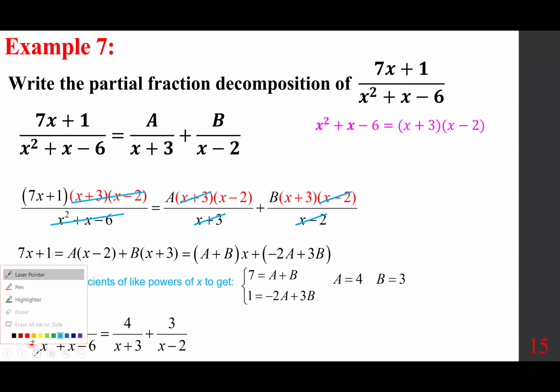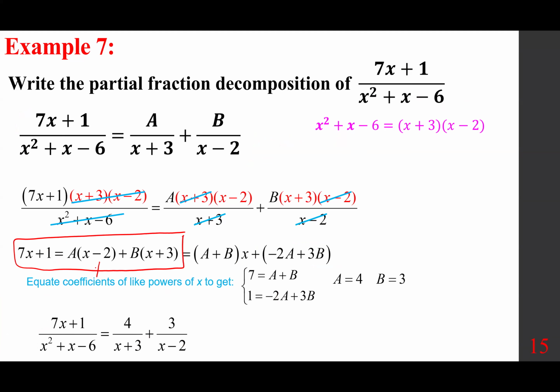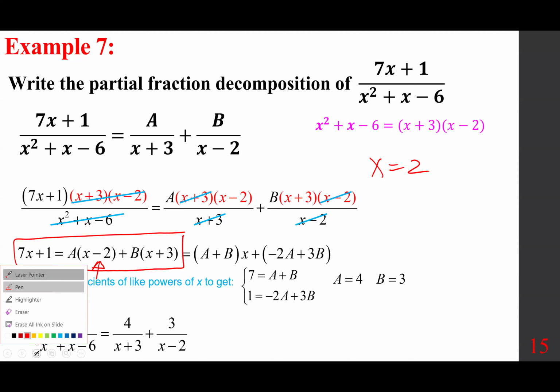So I'm going to look at this part and say, you know what? If I choose x equals 2, this goes to 0. 2 times 7, 14 plus 1 is 15, and 2 and 3 is 5.